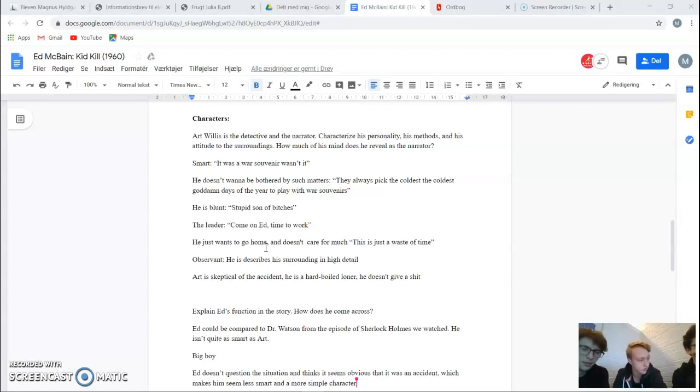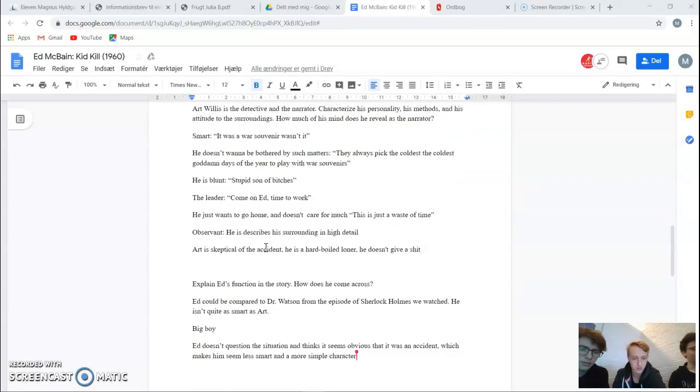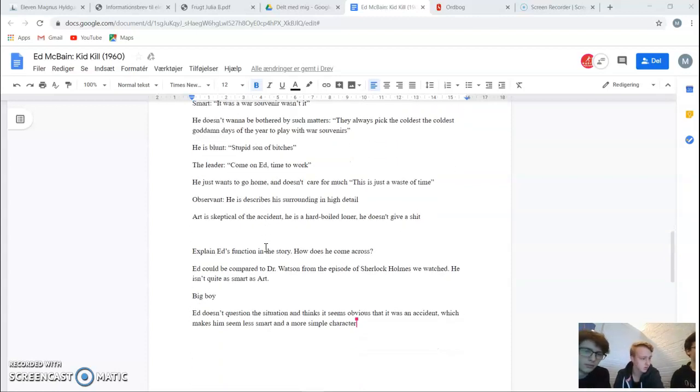And then to Ed. Then we have Ed Delay. He's Willis' detective partner. He kind of fulfills the role of the less smart sidekick, the Dr. Watson, definitely.